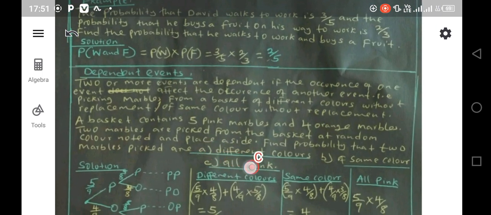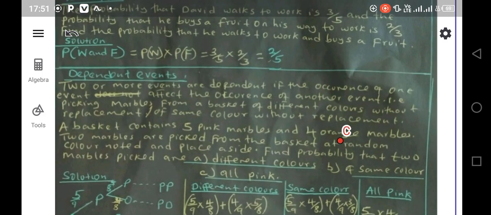Different colors, or both of the same color. Now, in this particular case, we are dealing with dependent events. When two or more events are dependent, the occurrence of one event affects the occurrence of another one. For example, take a bag of 2 oranges and 2 mangoes.